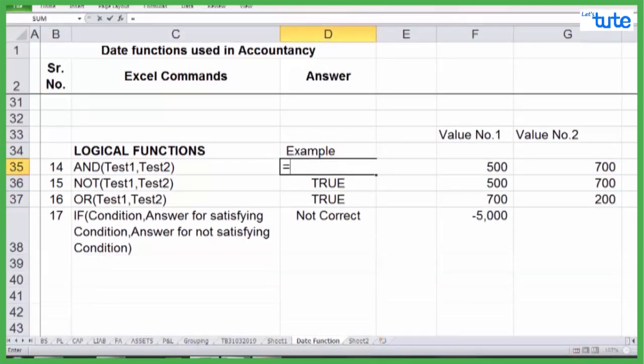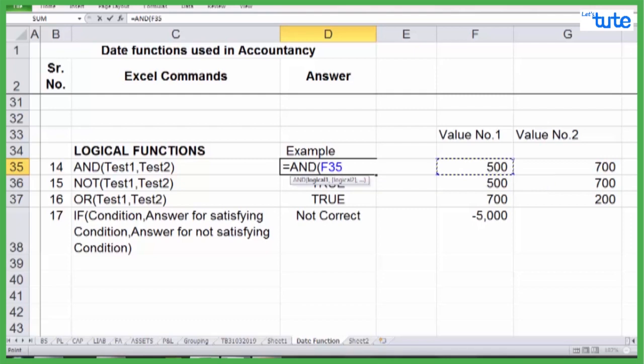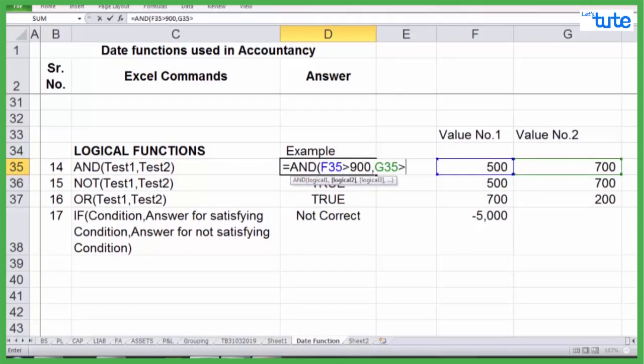I am typing the AND command, bracket open, selecting the cell greater than 900, comma, my second condition, again I am selecting the cell greater than 400, and I am closing the bracket.